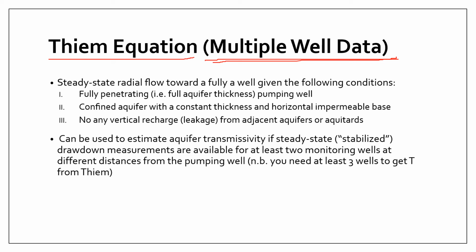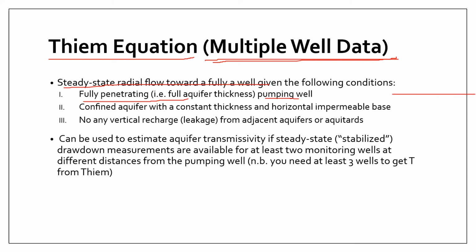So what happens here is we can use the Theim equation when you have a more or less quasi steady state radial flow towards a well. And this is satisfied by the following conditions. You have a fully penetrating pumping well.